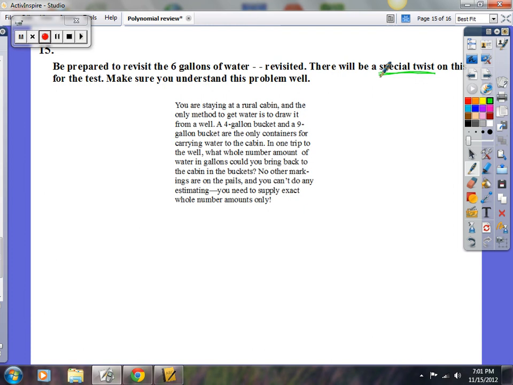The twist is that I'm probably going to give you different size buckets. So I'll give you a 4-gallon bucket, maybe a 10-gallon bucket, and then I'm going to ask you, with a 4-gallon bucket and a 10-gallon bucket, can you bring back 5 gallons of water?